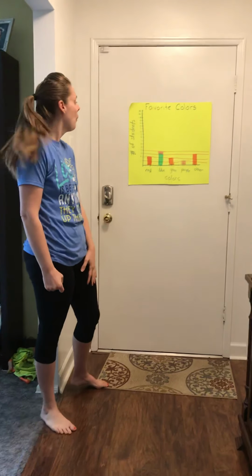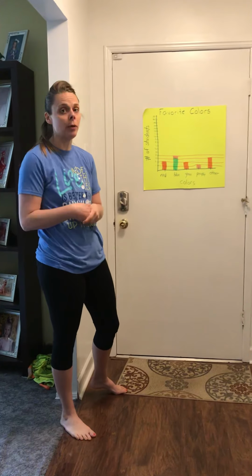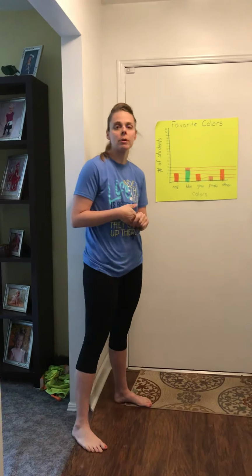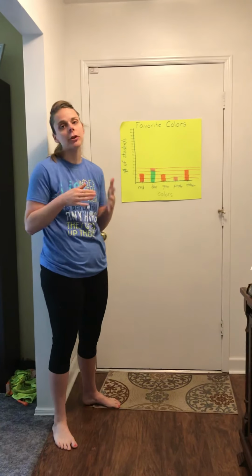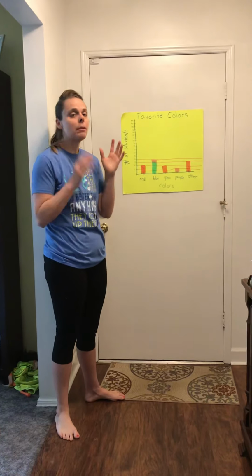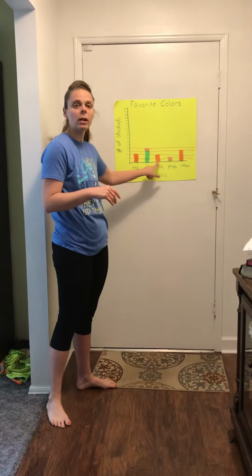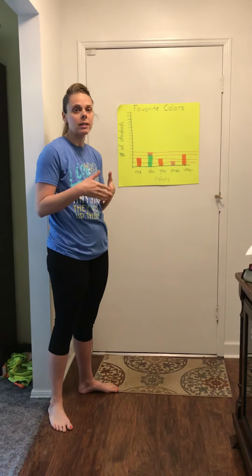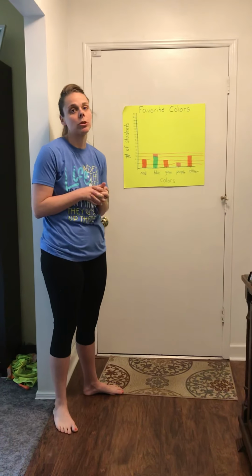Okay, how many more people liked blue than green? Now that's a tricky question because when it says how many more, we have to do a little bit of math. Okay, if we take both groups, blue and green, we want to find out how they're different. And if you remember that word different, difference is what the answer is when you subtract.